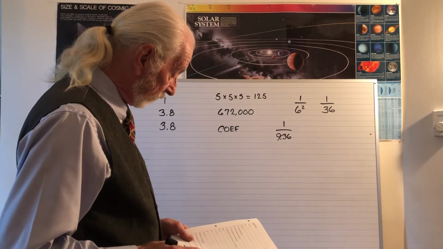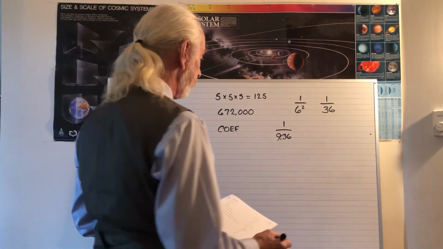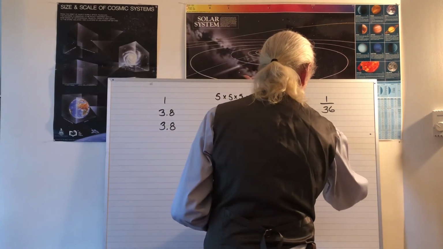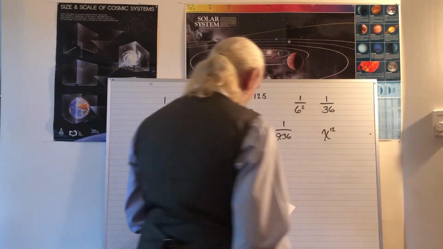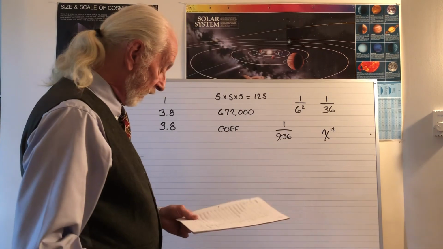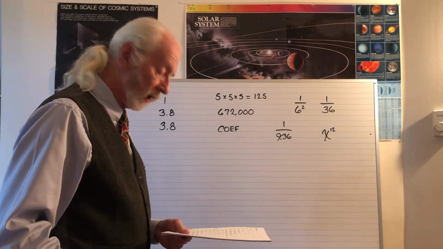Then we have x to the 5th times x to the 7th. The answer is x to the 12th. We have y to the 6th divided by y to the 4th.